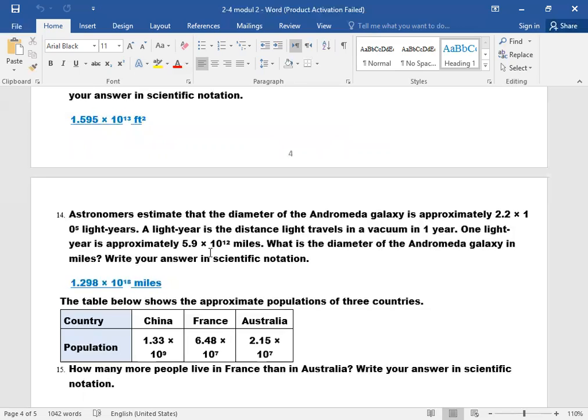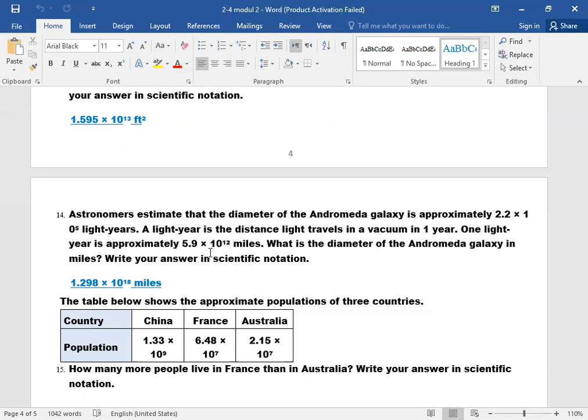What is the diameter of the Andromeda galaxy in miles? So he's looking for the total. In this question, we are going to multiply, because we have the diameter of the Andromeda galaxy, 2.2 times 10 to the power of 5 light years.